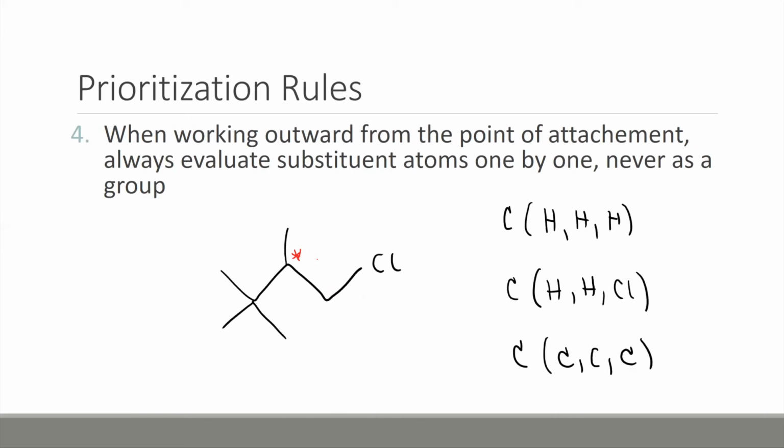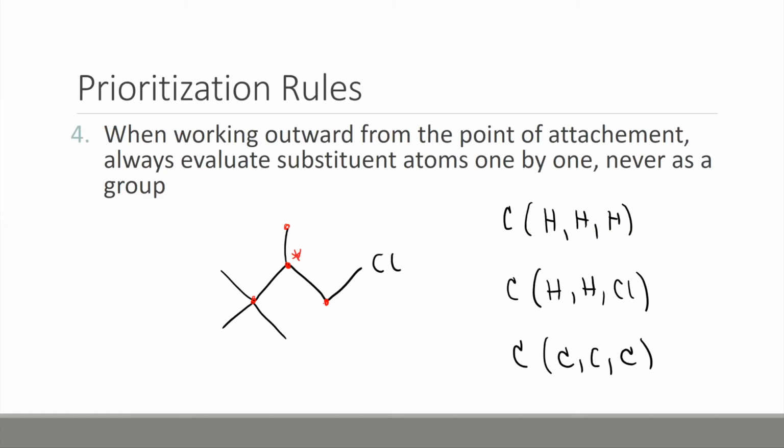And again, when working outward from the point of attachment, always evaluate substituent atoms one by one and never as a group. So do it as I was saying, where you're going to be thinking of at each point what is attached to, and not as what is it attached to further down the line, what is its group attached to. So here, again, we have this chiral center attached to a carbon, and a carbon.